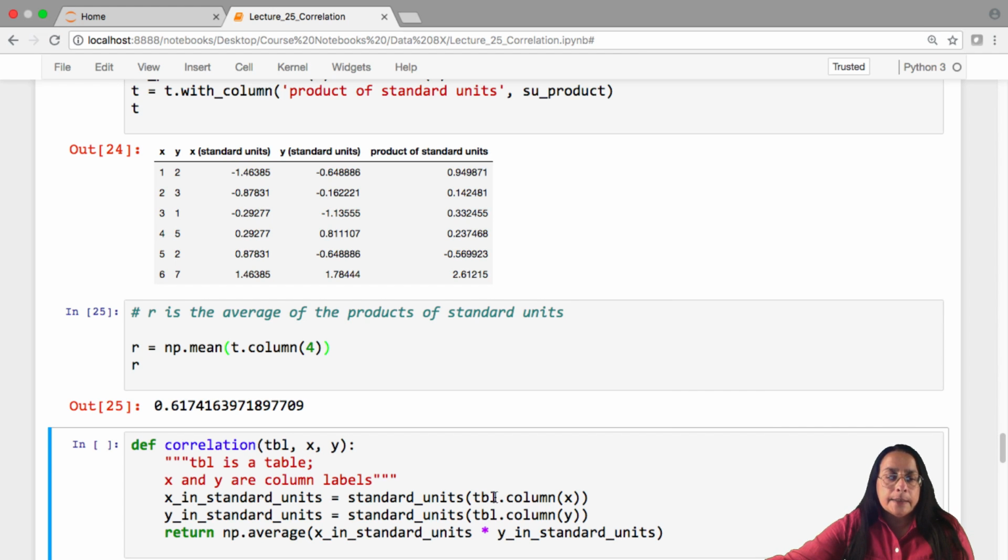It extracts the x column of the table as an array and converts that to standard units using our standard units function. Does the same thing to y. So we have 2 new arrays called x in standard units and y in standard units. The function returns the average of the products of standard units. That is what R is, the average of the products of standard units.